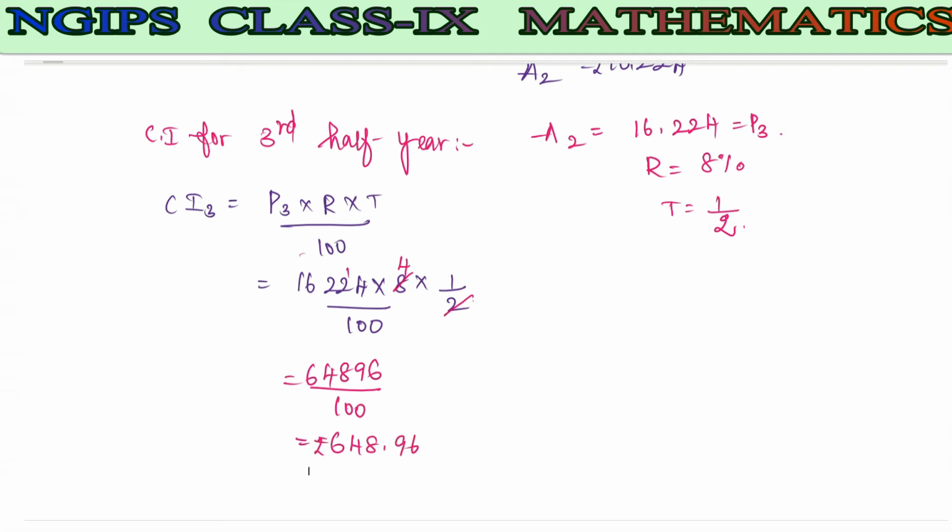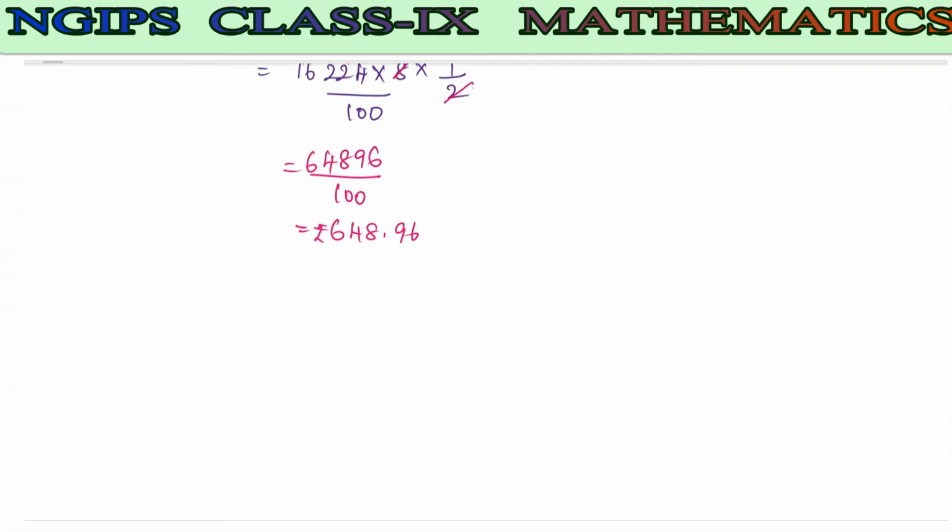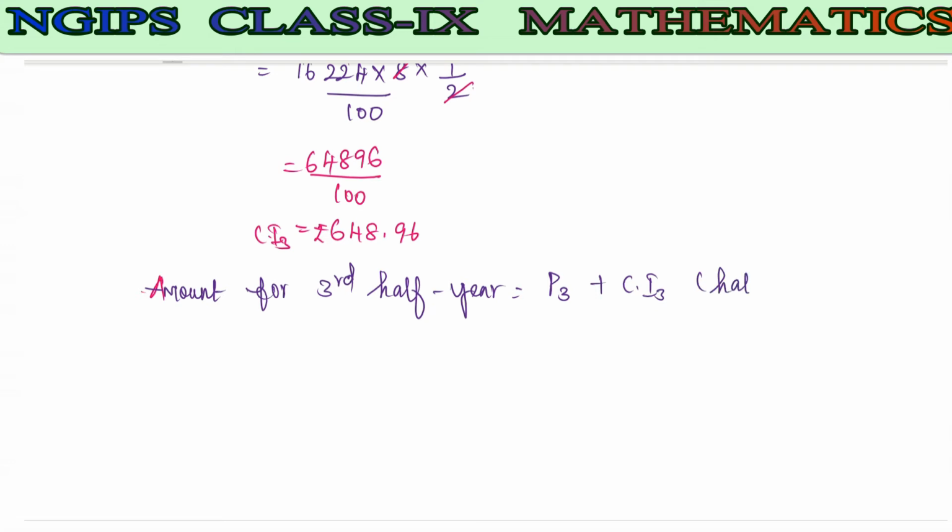Actually, what we need to find here is the amount for the third half year. So this is the compound interest amount for the third half year. It is very important: the third half year amount is equal to the third half year principal plus the third half year compound interest. Remember, here it is half year.